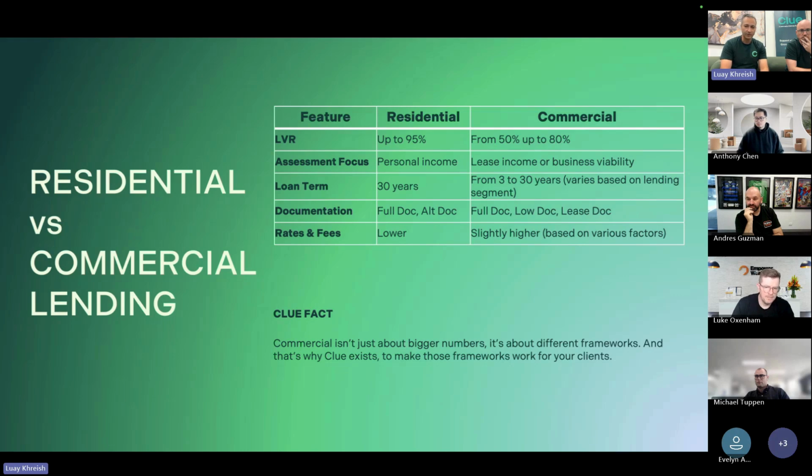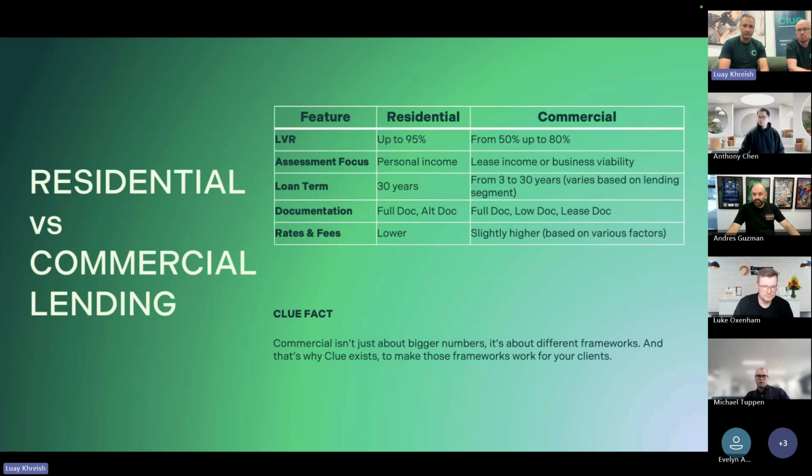So what low doc is, it's basically assessing a deal based on BAS statements, for example, or an accountant's letter, or 6 months or 12 months of bank statements. Lease doc really just looks at the lease that the commercial property is tenanted to, and they'll basically just look at the income from that lease, which makes it very good and a streamlined pathway for a lot of clients.